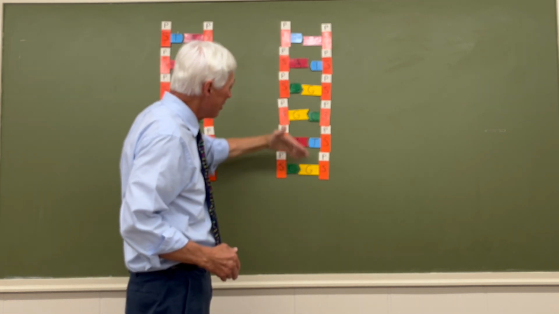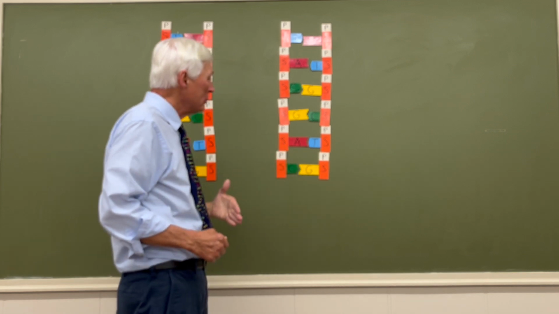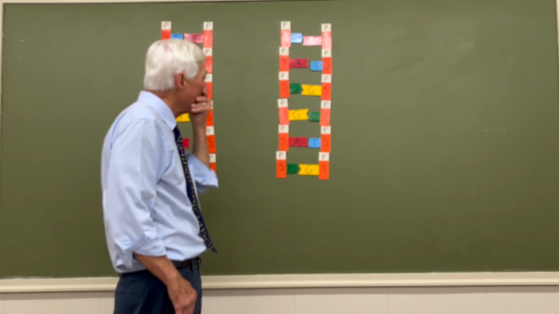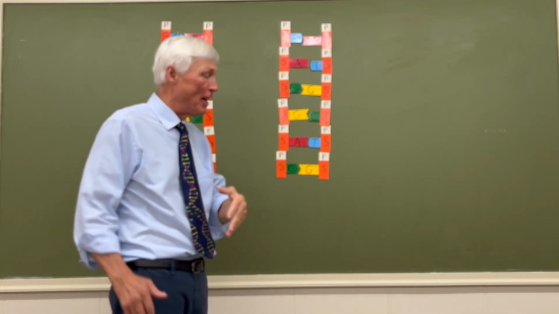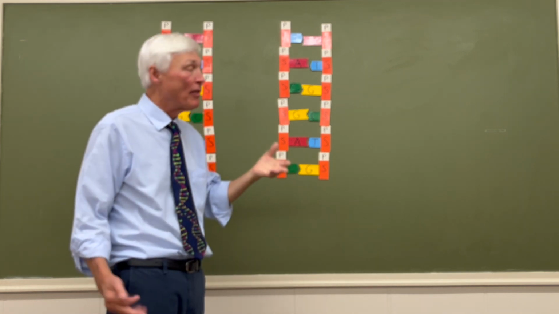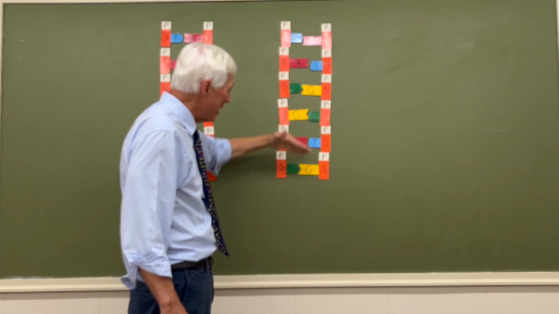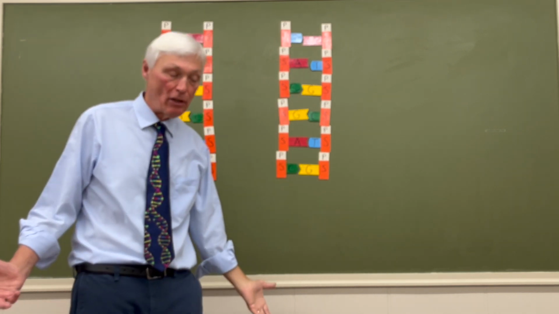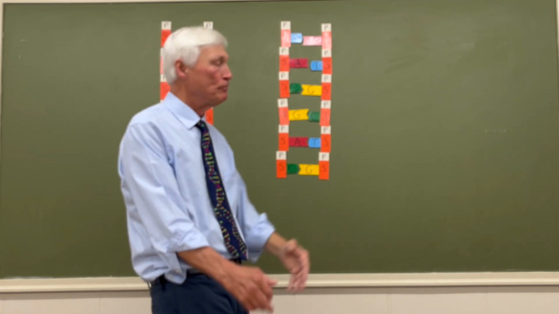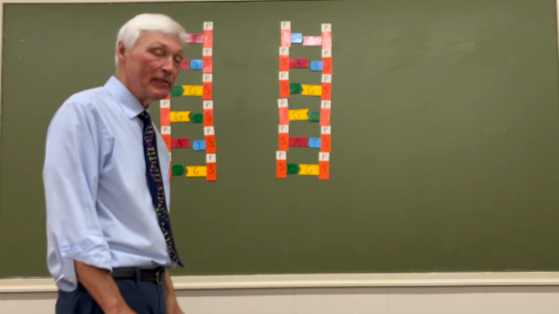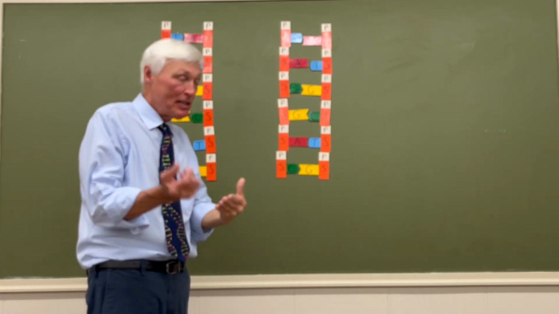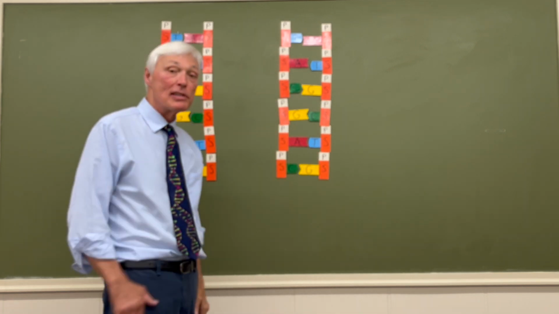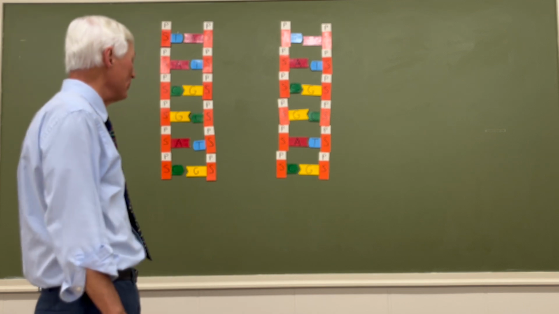This might be part of the recipe for how to make toenails, or an enzyme in your stomach that breaks your food down. Or in another living thing, this might be part of the recipe for how to make a protein called rattlesnake venom. So that's why the specific order of these base pairs is important.